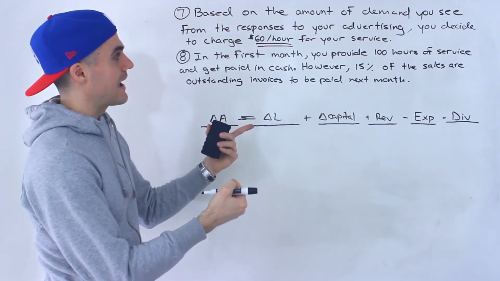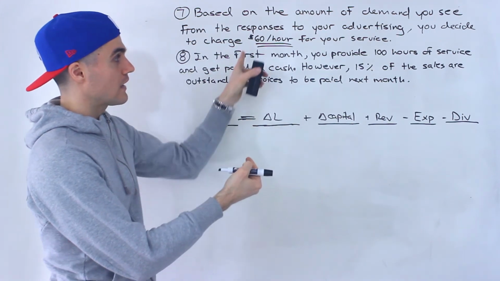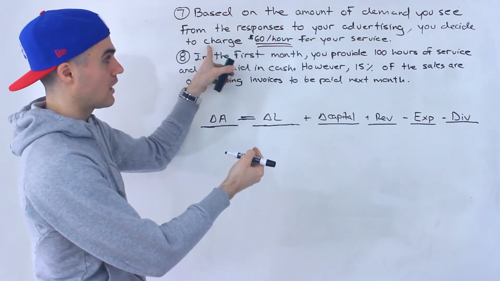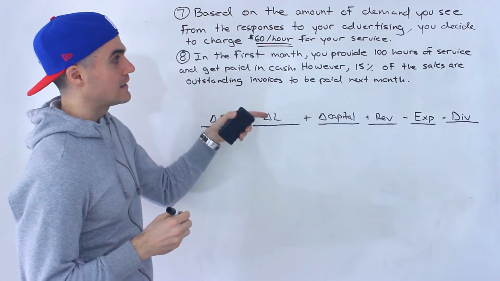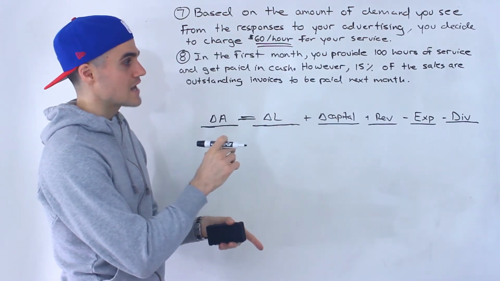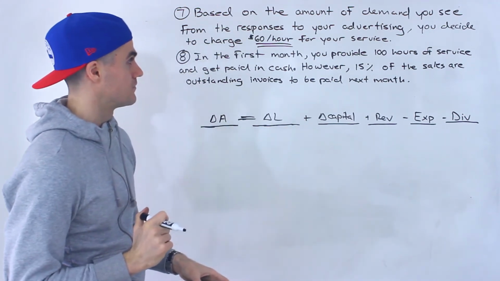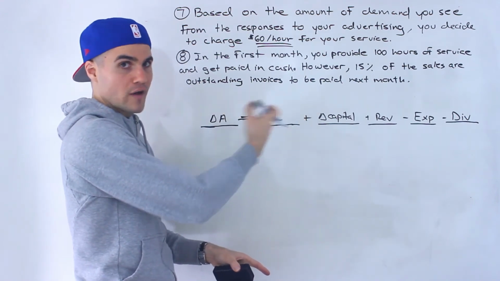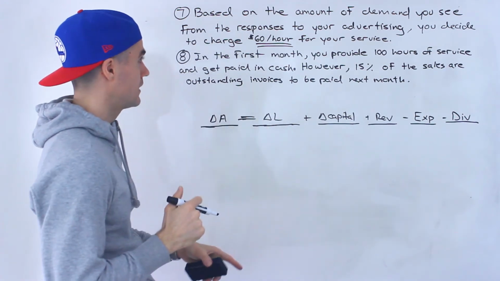So it doesn't say how many hours of service that you provided, or that you even provided a service yet at this point, at the point of number 7. And so this event is not realized. There's no exchange that happens, and so that's actually not a transaction, so it doesn't get inputted in the accounting system. It's just saying that you're going to be charging that much for providing that service in the future, but that service hasn't been provided yet.